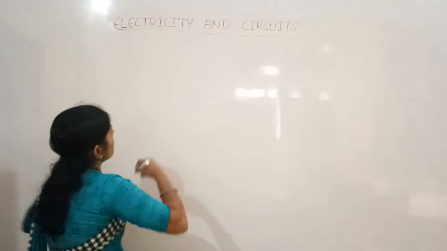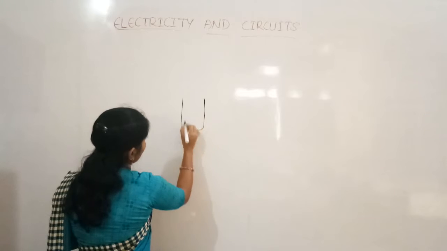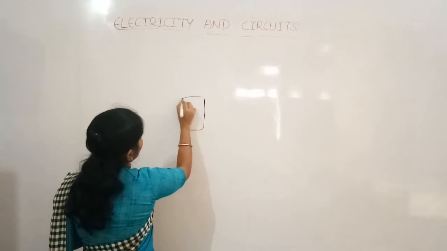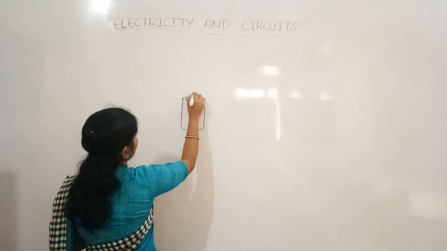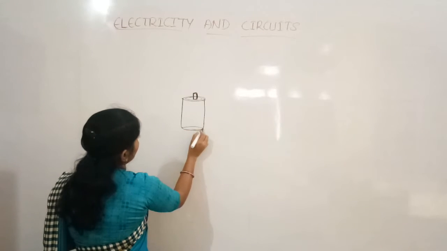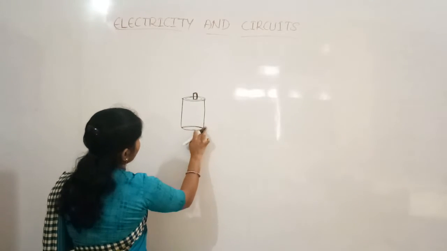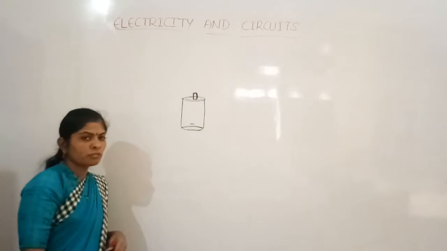So this is the structure of an electric cell. This electric cell has a metal cap here, or the metallic tip. And one end is the metallic base, and this base is the negative terminal.